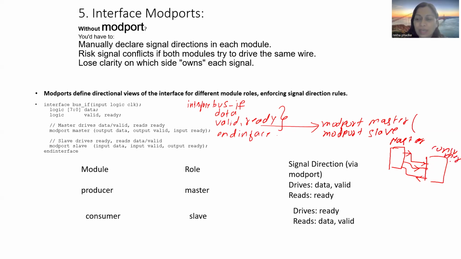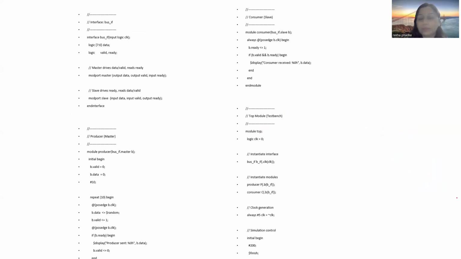Imagine we have that. So this is the producer, this is the consumer. Now how do they interconnect with each other using interface and modport? Let's see that. I have written this code which you can run on EDA Playground.